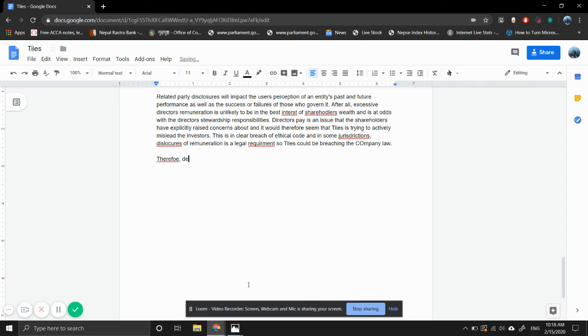Therefore, the finance director's claim about the impact on shareholders' wealth, she has a responsibility as a member of the accounting profession to present to reality. Alright.